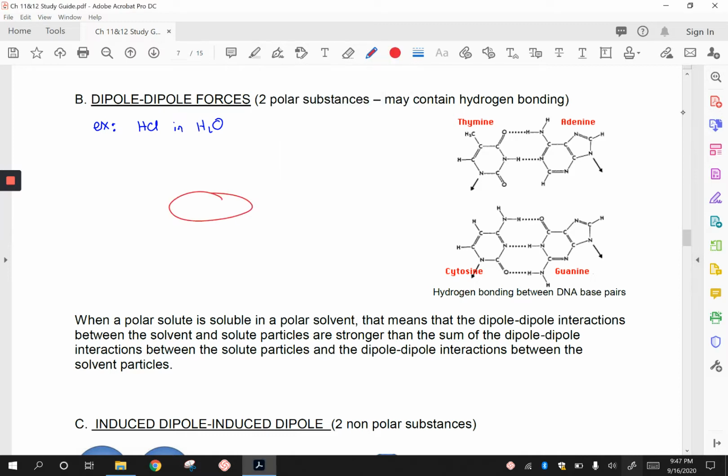So let's say I have an HCl here. So this is partially negative, this is partially positive. Here's how it's going to be hydrated. So in around my hydrogen part of the HCl, I would have my water with the oxygen part facing the hydrogen, and then I'd have the hydrogen part of the water facing the chlorine.